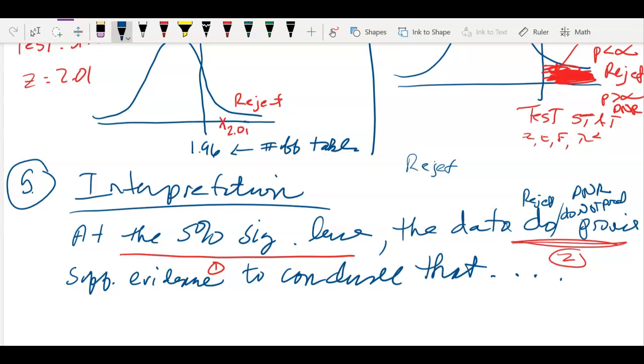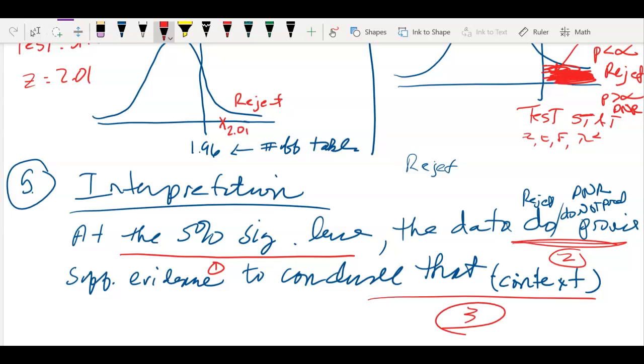It's whatever is in the original question you're being asked, but use context. Tell me what the problem is about. To conclude that drinking orange juice increases vitamin D levels, or drinking orange juice doesn't increase vitamin D levels. Whatever it happens to be, put it in the context of the problem. So that's a third thing I'm expecting to see.